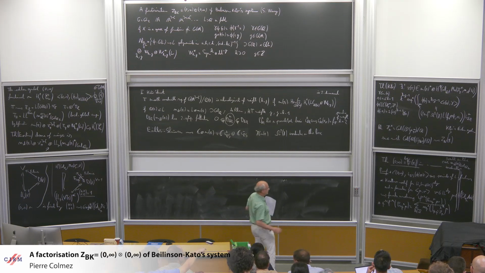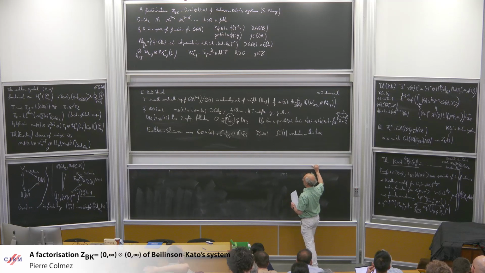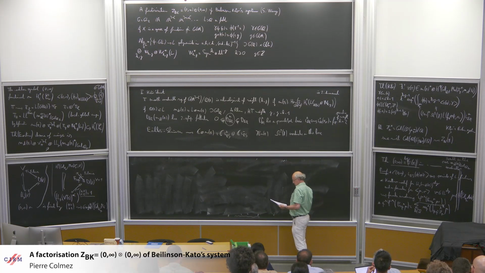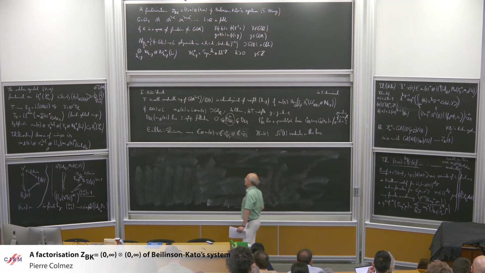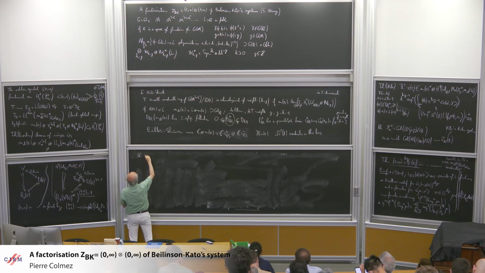One plus p^n Z_p, yes. Okay, so now the Beilinson-Kato Euler system.